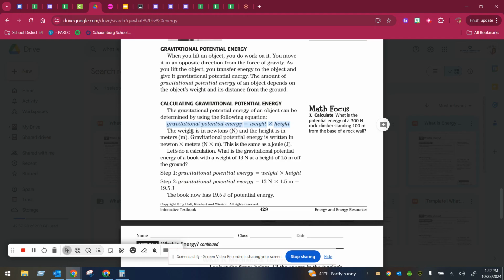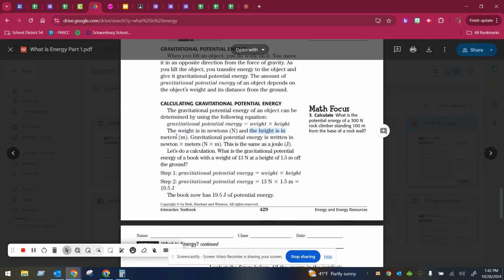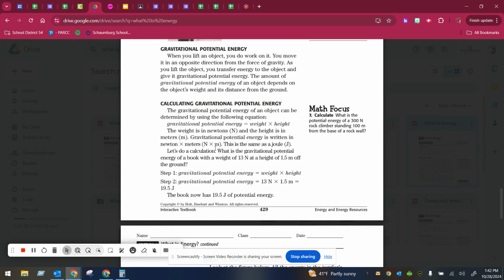And I know that might sound strange because we think of weight in pounds, but when we're talking in science, we've done the calculation and the units are newtons because weight is a force. So again, the weight is in newtons and the height is in meters. Gravitational potential energy is written in newtons times meters. So Newton times meters is the unit, but you could also write it as a joule with the capital J.